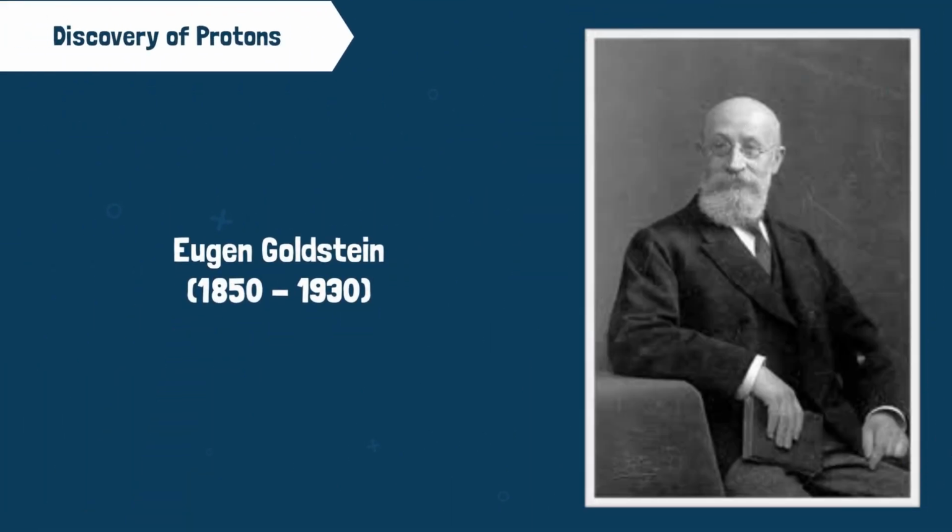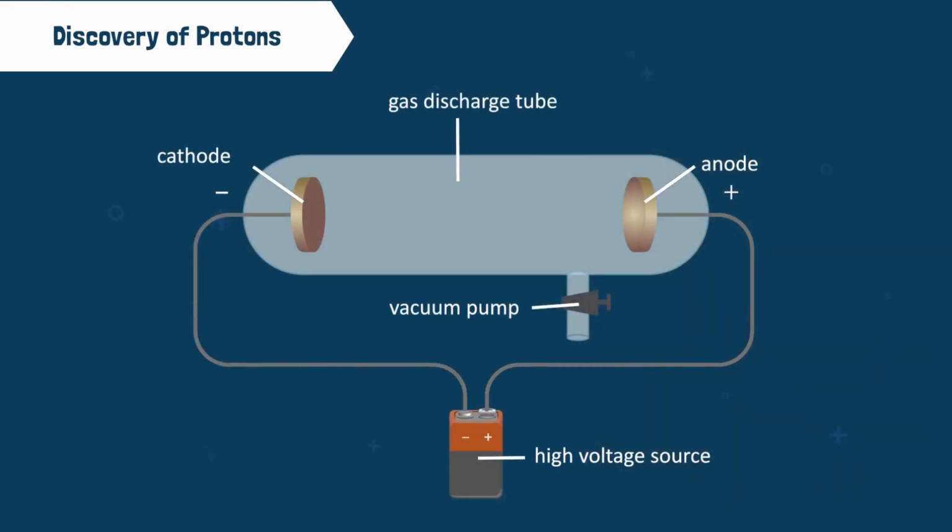Protons were discovered by a German physicist, Eugen Goldstein. He used an apparatus similar to the cathode ray discharge tube, which was used for the discovery of electrons. However, he used a perforated cathode, one with very fine holes in it.